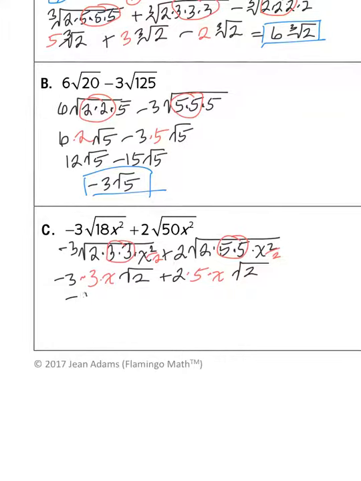So we get -9x square root of 2 plus 10x square root of 2. Finally, I have like radicals, and then I have like coefficients because since there's an x out in front, they both have to have the same variable string, which they do. So I've got a -9 and a +10 gives me a +1x radical 2.